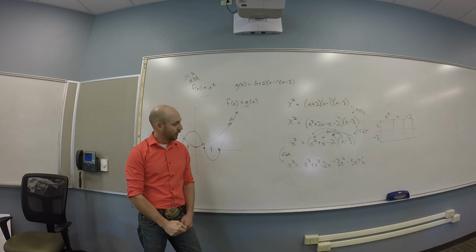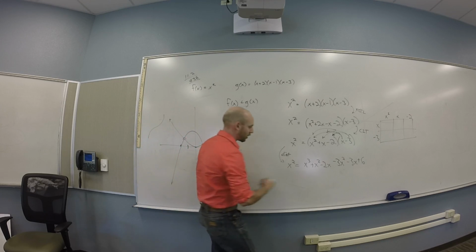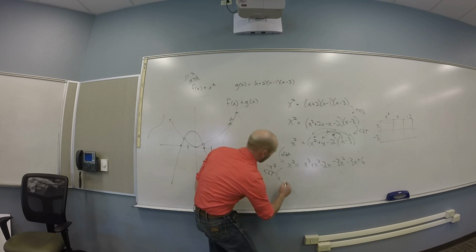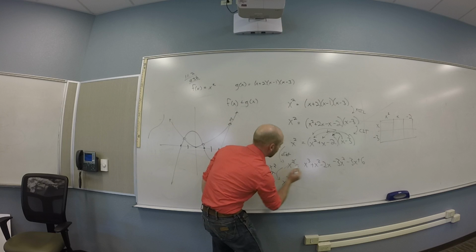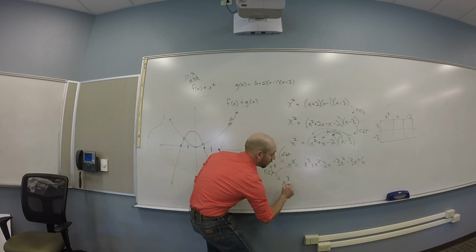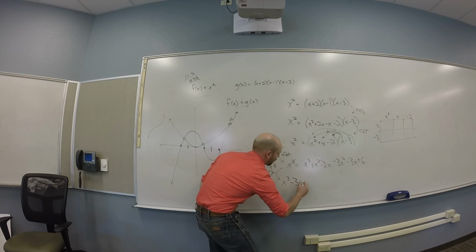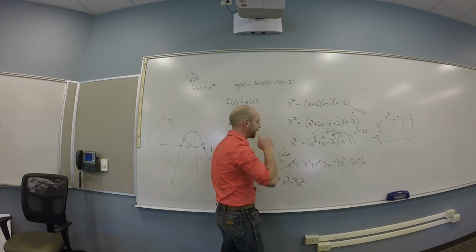Okay, so I got this. Great. Now what? So I combine like terms. I'm going to subtract x squared and combine like terms. So I'll get x cubed. That was convenient. How many x squareds have I got? 1 minus 3x squared.